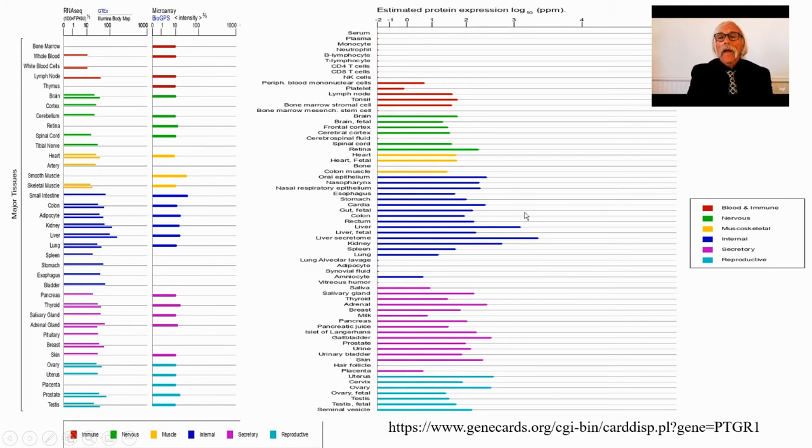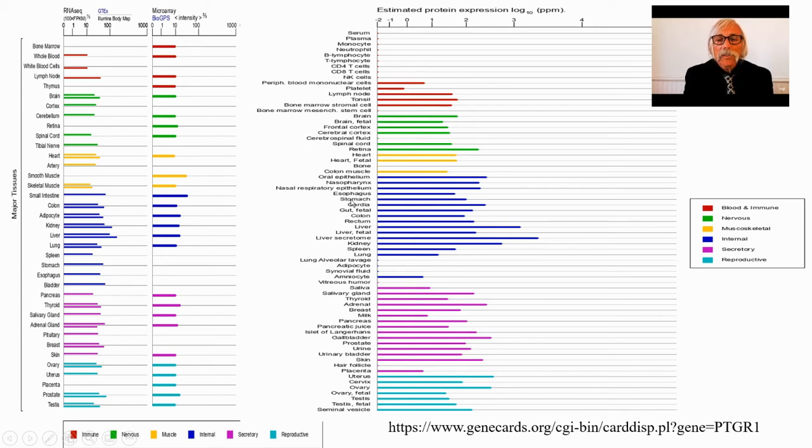Okay. Now, I also wanted to show you where the protein is found. And you find a lot of the protein in peripheral blood nucleocytes, at the lymph node, tonsil, bone marrow stromal cells. A lot of protein also shows up in the central nervous system, including the spinal cord, the retina, cerebral cortex, the prefrontal cortex.